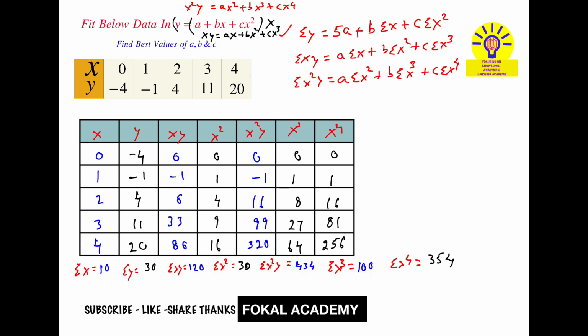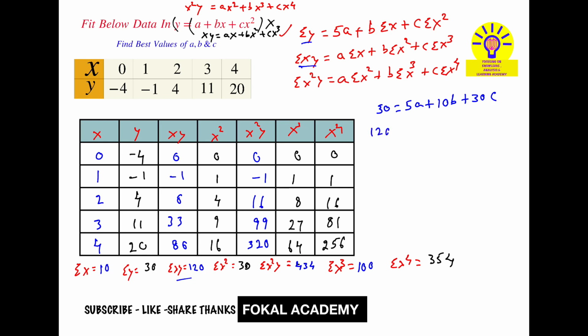Now fill all the values, means substitute all the values in these three equations. Summation of y is 30. So 30 equal to 5a plus 10b plus 30c. Next substitute xy, that is 120.